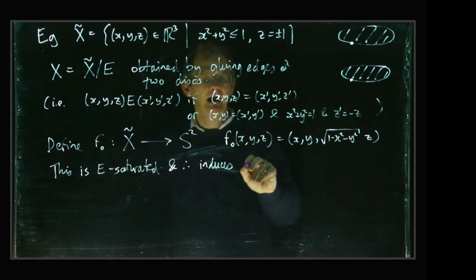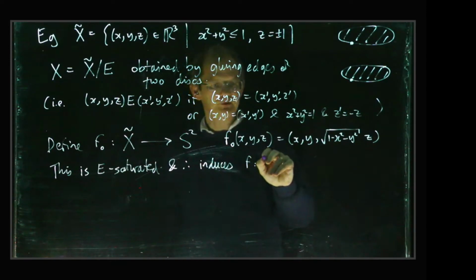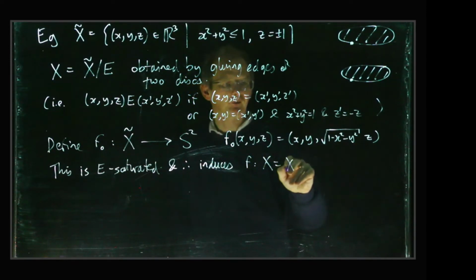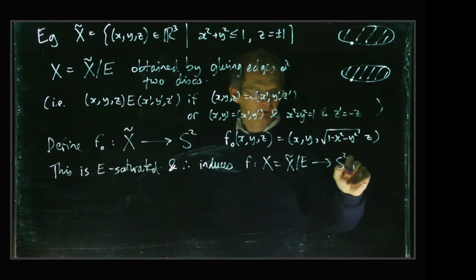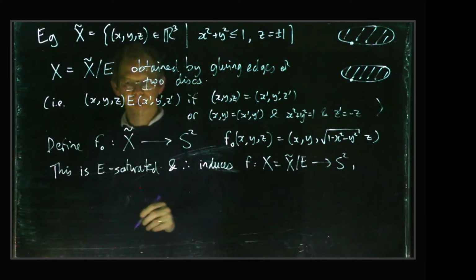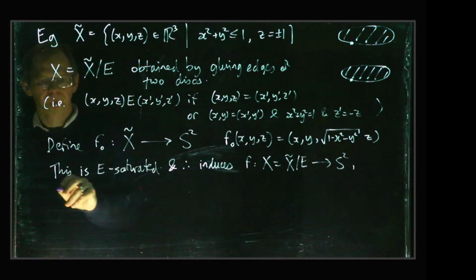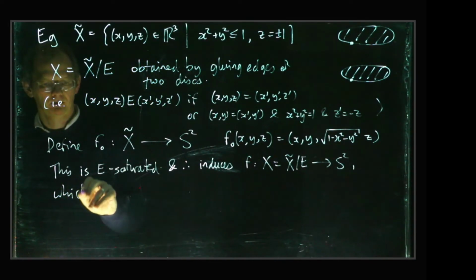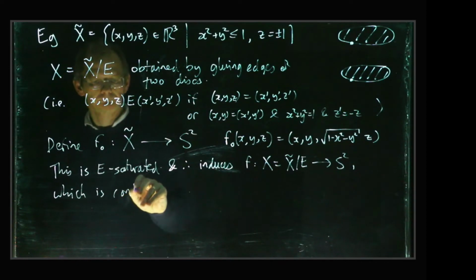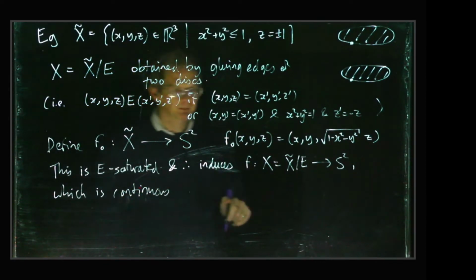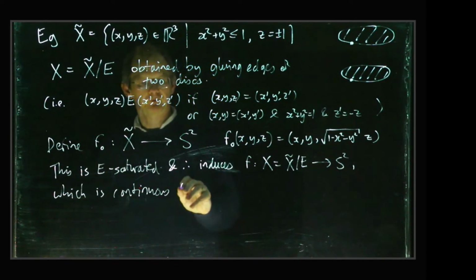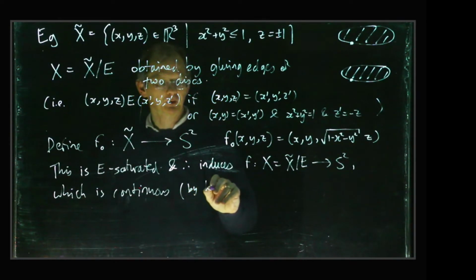It induces a map F from the quotient space X, which was X tilde mod E, to S^2, which is going to be continuous by the key property of the quotient topology.